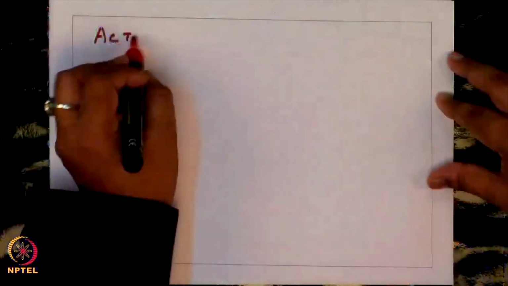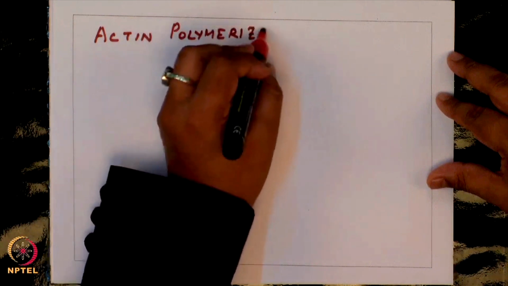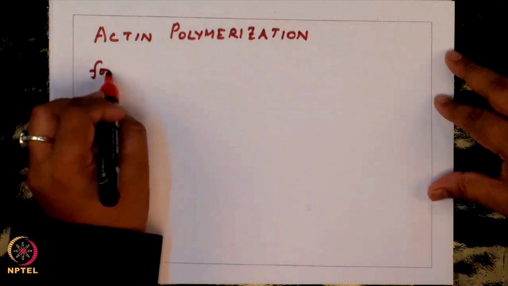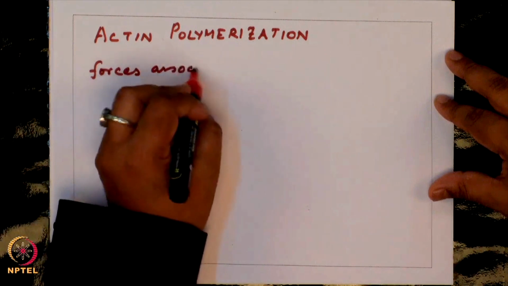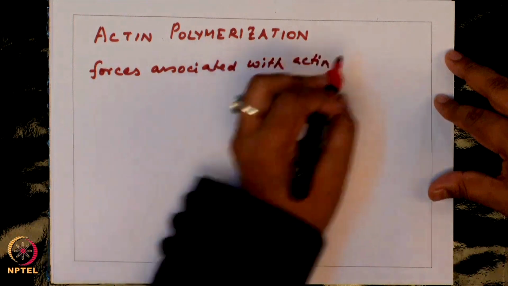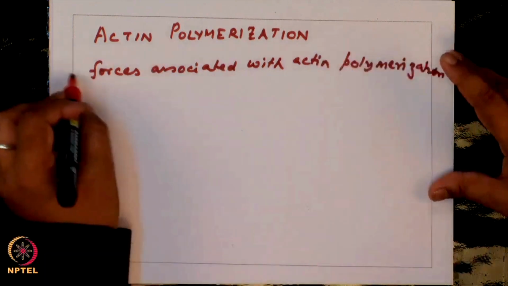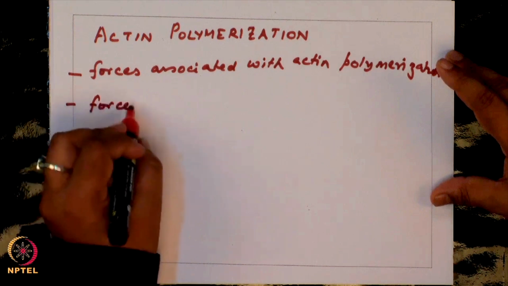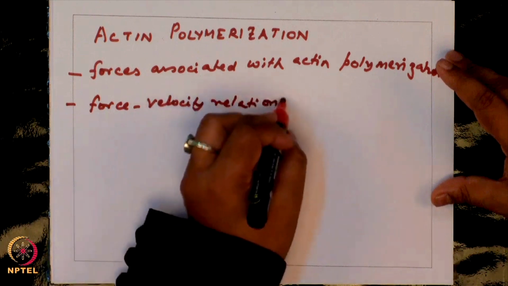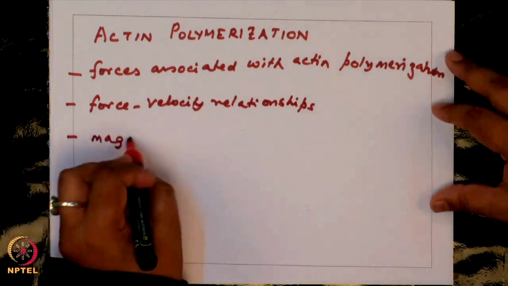We are talking about actin polymerization, and we are trying to understand how we can quantify the forces associated with actin polymerization and the nature of force velocity relationships, and calculating the magnitude of the stall force.